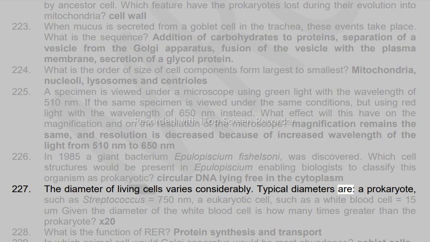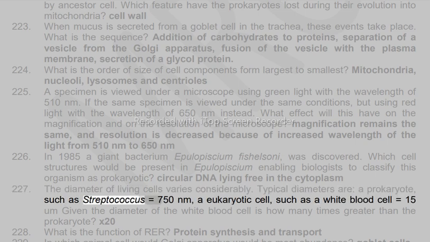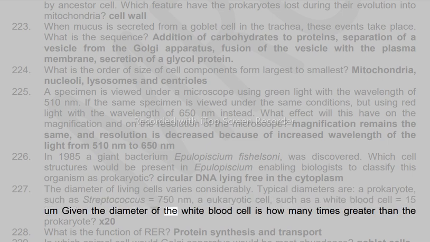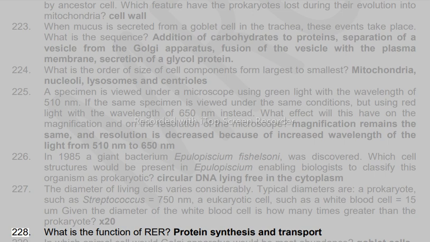Typical diameters are: a prokaryote, such as Streptococcus, 750 nanometers; a eukaryotic cell, such as a white blood cell, 15 micrometers. The diameter of the white blood cell is how many times greater than the prokaryote? x 20. 228. What is the function of RER? Protein synthesis and transport.